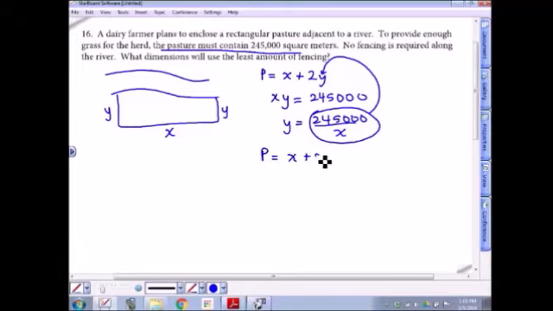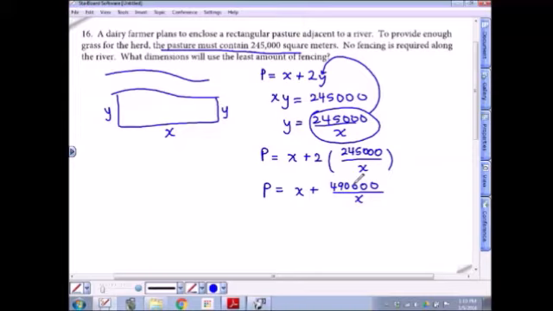P equals X plus 2 times that area formula, 245,000 over X. I'm simplifying this a little bit. So there's a new formula for perimeter. It's in terms of just x.